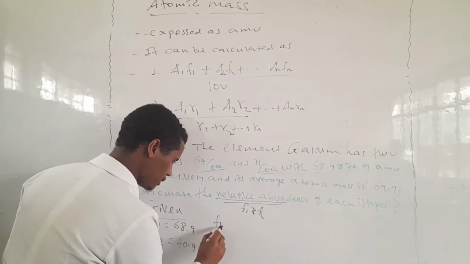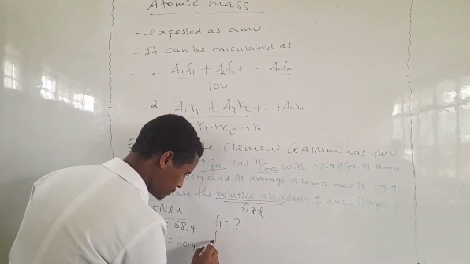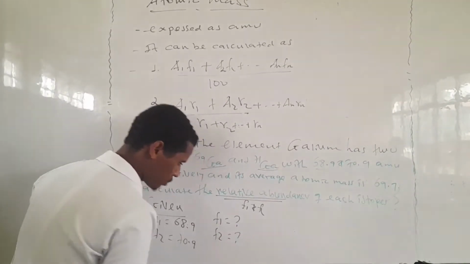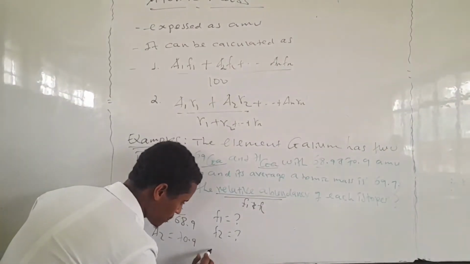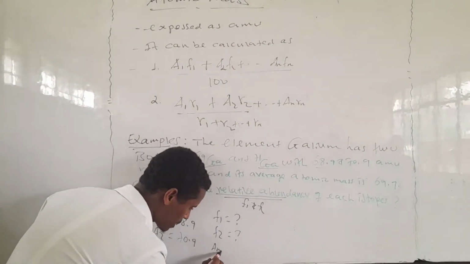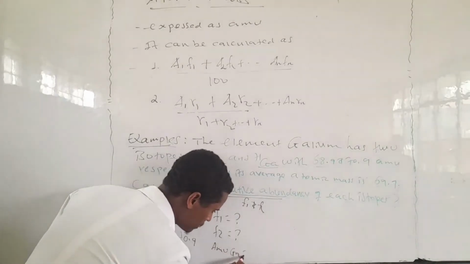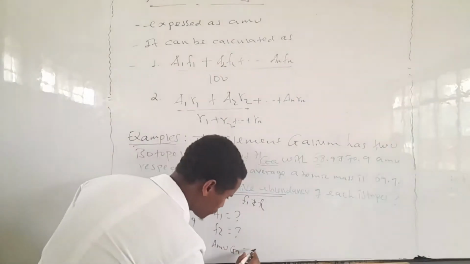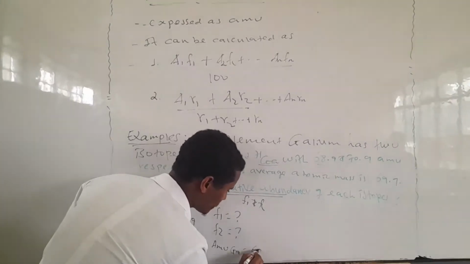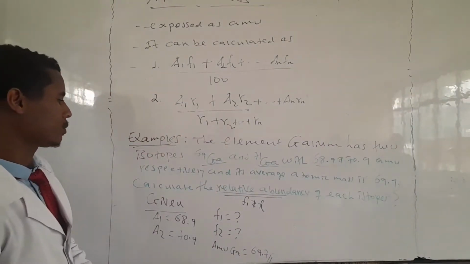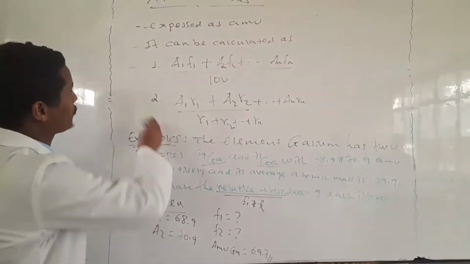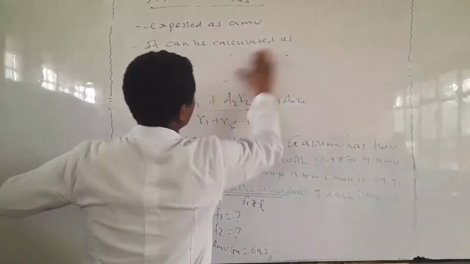What about F1? F1 is calculated. F2 also calculated. But atomic mass unit of gallium is given, it is equal to 69.7. Based on this given, you can calculate F1 and F2 as follows.